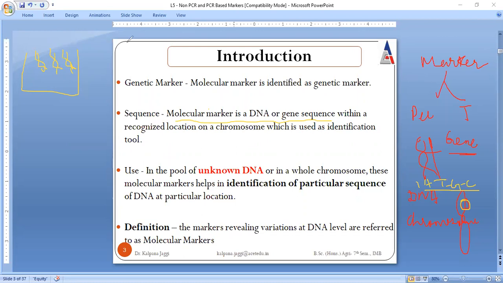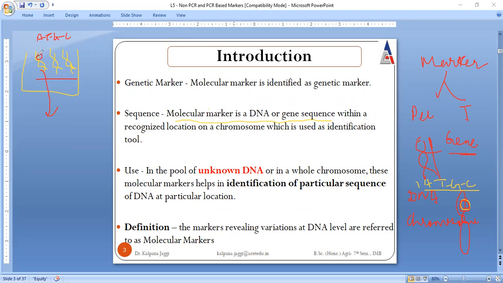But if at any place there is the presence of this molecular marker, a molecular marker that was present here, the sequence of which is A, T, G, C. If there is anywhere present a molecular marker having the same sequence as was present here, then out of this unknown pool of DNA sequences, we can very easily recognize this one, right?